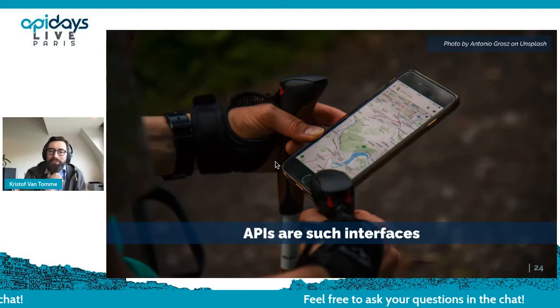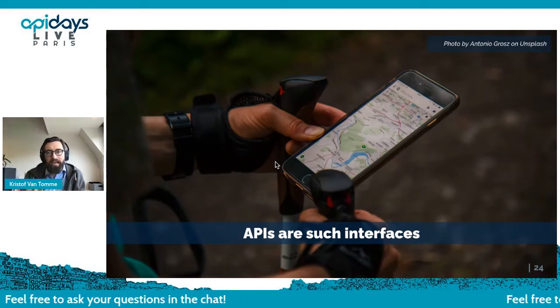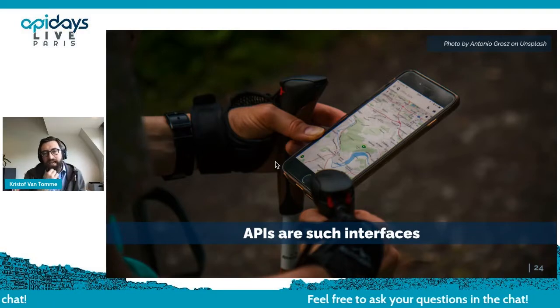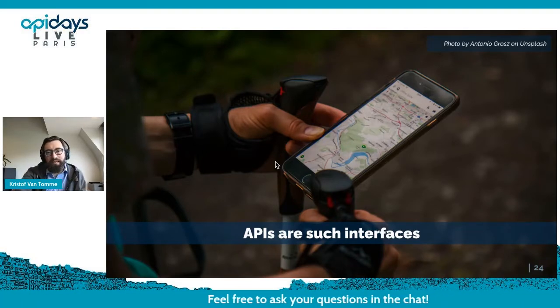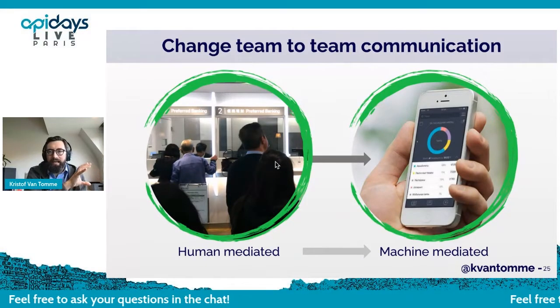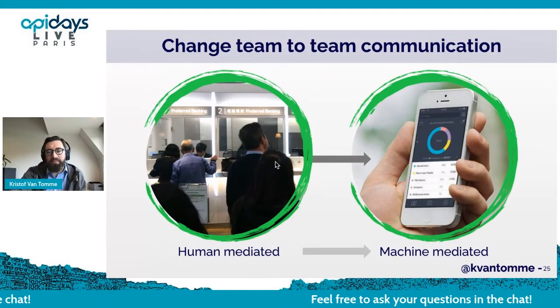And here we come finally to APIs. What we're doing with APIs is we are creating interfaces between different subsystems to help address this complexity, I believe. And it's kind of like a move from human-mediated interconnection to machine-mediated interconnection.